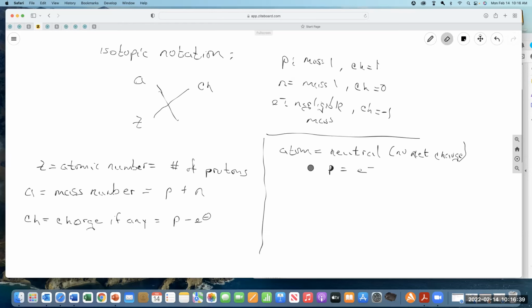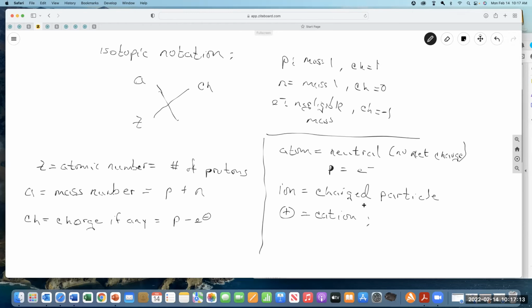Now, a charged particle is called an ion. If the particle is positively charged, it's called a cation, like kitty. It's not pronounced "cation," it's "cat-ion."